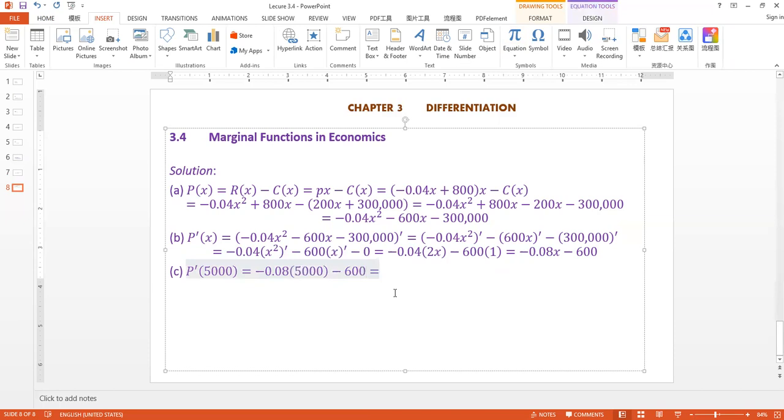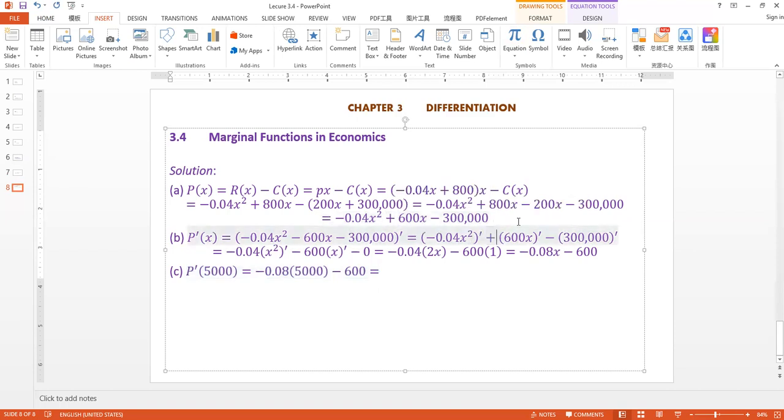Here we see it. So we got -0.08 times 5,000 minus 600. If you multiply 0.08 with 5,000, you're going to get what? 400, I believe. Okay. Oh, I'm sorry. I got a sign wrong. So the second term should be plus.